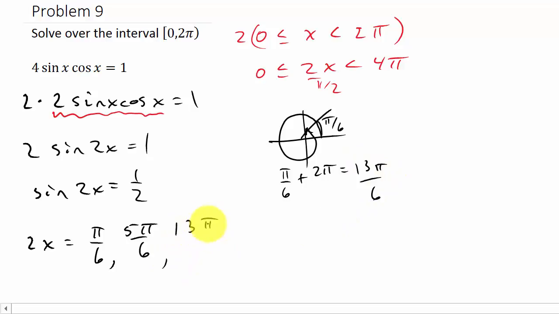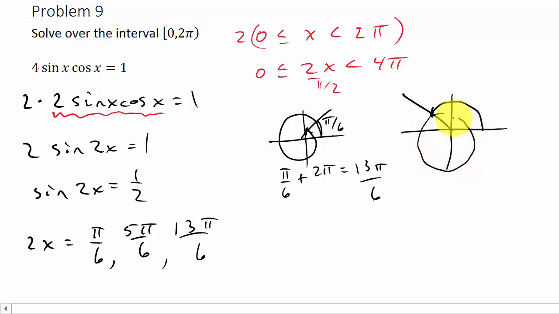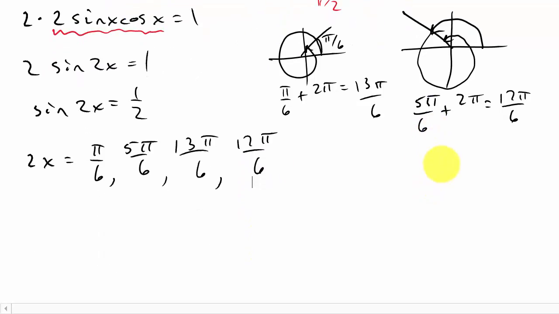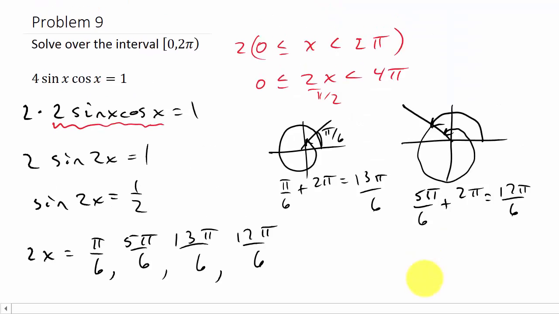And for my second quadrant angle, I go around again, so I'm adding 2 pi. So 5 pi over 6 plus 2 pi, what is that, 12, 5, 17 pi over 6. Alright, so we went around twice. So that's all my solutions from 0 to 4 pi.